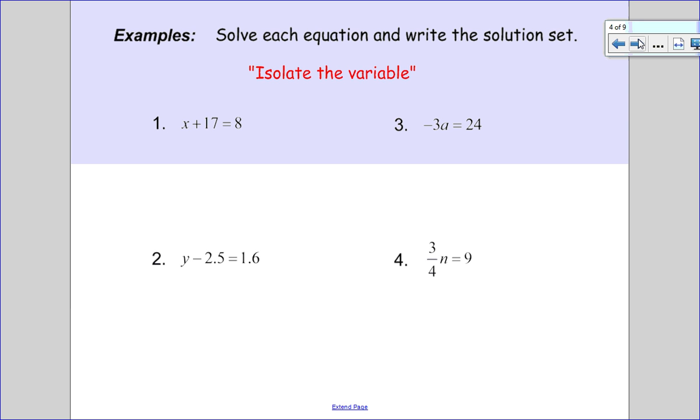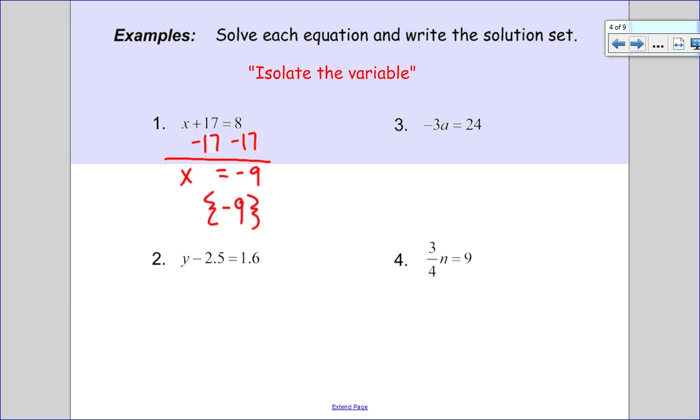For example 1, to isolate our x variable, we must do the inverse of add 17 and subtract 17 on both sides of the equation to isolate our variable. And we'll write the equivalent equation, x equals -9. Here, we see that -9 is our solution to our equation.